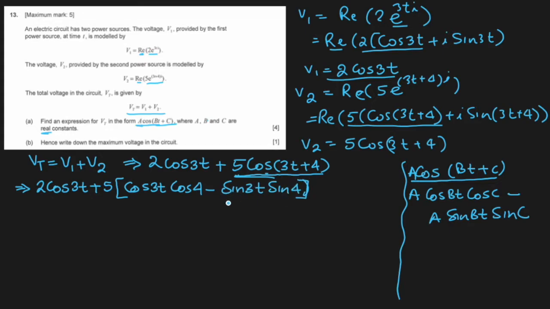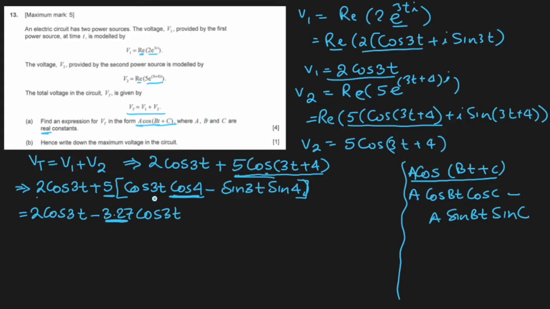And now we have sines here. So let's expand this. So 2 cos 3t remains what it is. 5 multiplied by cos 4, let me use my calculator for this. It will be negative 3.27 almost. Okay, it's approximate. Cos 3t is cos 3t.